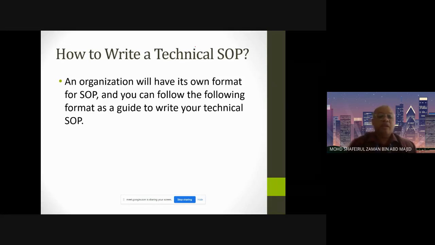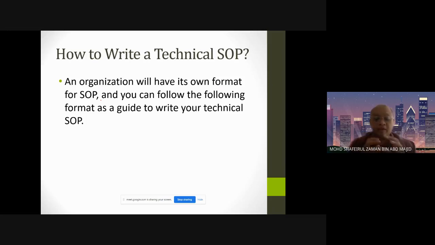As you can see over here, an organization will have its own format for SOP. As I have mentioned earlier, when we moved into the new topic on process and procedure, especially about SOP, when you start working later on, your company will have their own standard and their own format. But what we are teaching you here is the aspect of writing the technical SOP.